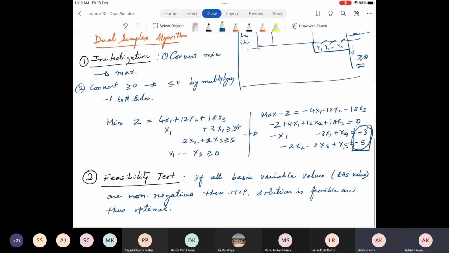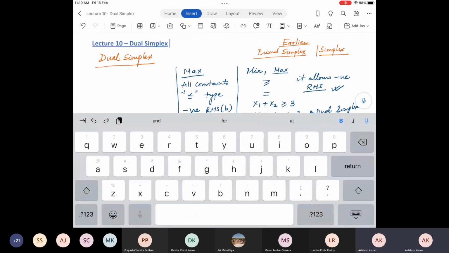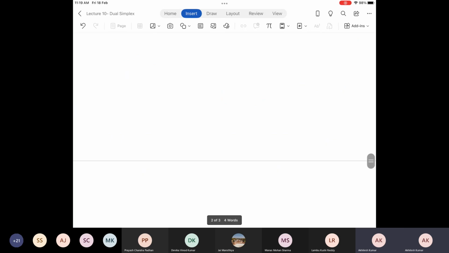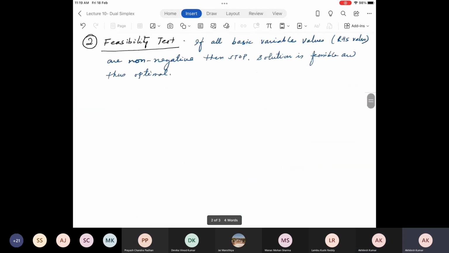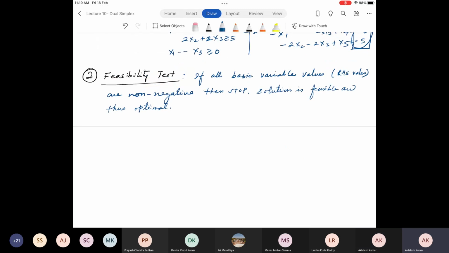Now coming to iterations. The third step, as you are aware, is the iteration. You already know primal and dual; dual is more or less the symmetric transpose of primal. Do you agree? Here we write CX, here we write YB.